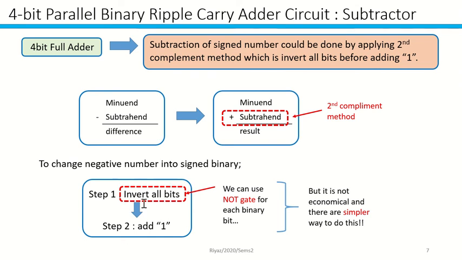For changing the bits, to invert, you need to use NOT gates. The problem is with the NOT gates, you have to use one independent NOT gate for each of the bits. This method is achievable, but in terms of economy, it is not good. So we need a simpler way to do this. How are we going to do this?